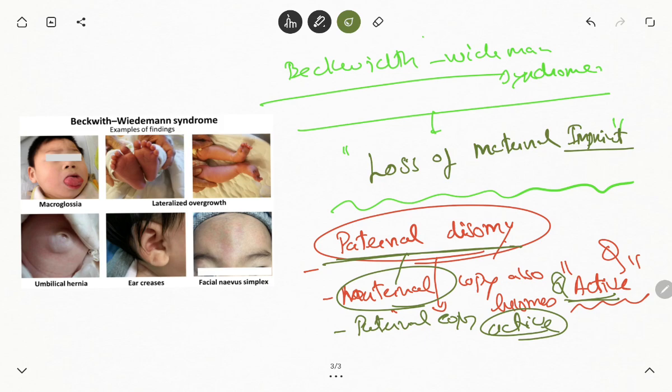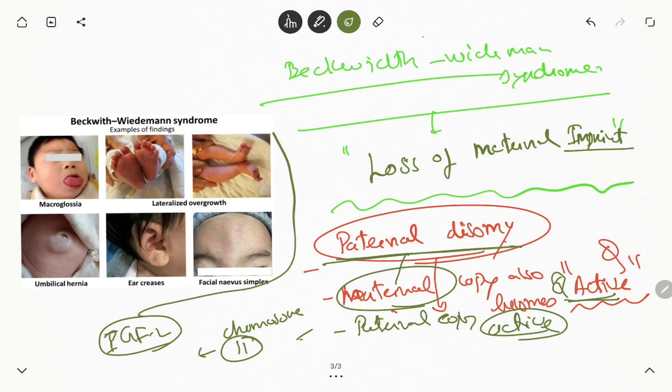So what happens in chromosome? I told you, remember 7, 11 and 15. In chromosome 11, remember 11 for the IGF2 gene, that is called insulin-like growth factor 2 gene. In this gene there is paternal disomy, that is loss of maternal imprint, which leads to a syndrome called Beckwith-Wiedemann syndrome.